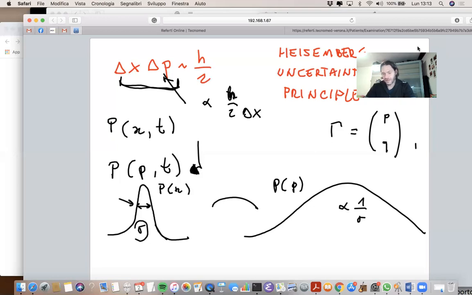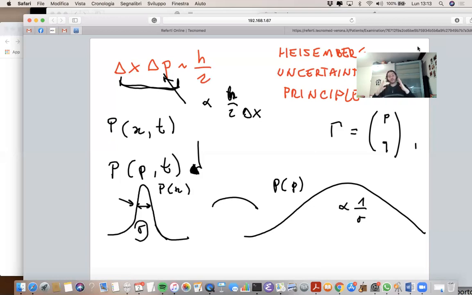So we want something that allows me to compute the probability of finding a particle with a given momentum and that respects the fact that it becomes more and more delocalized in momentum, the more the particle is localized in position.